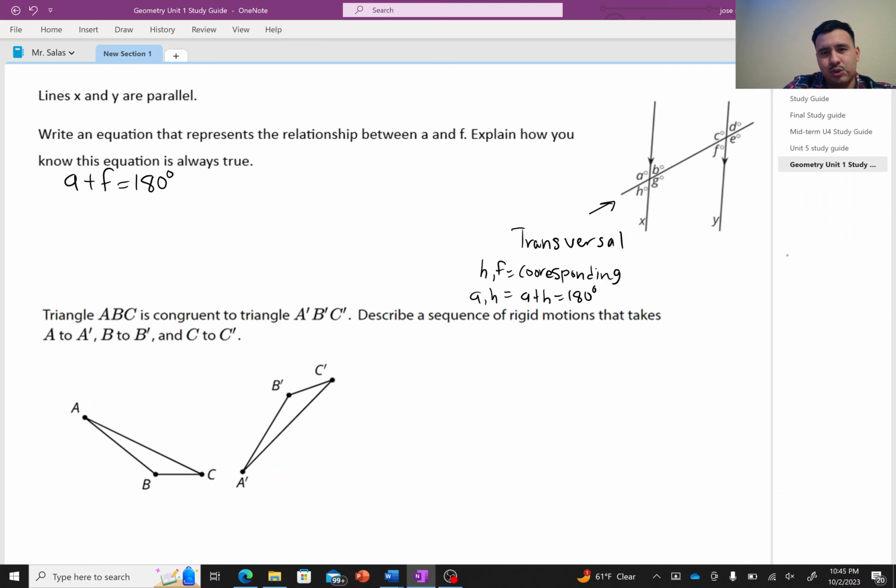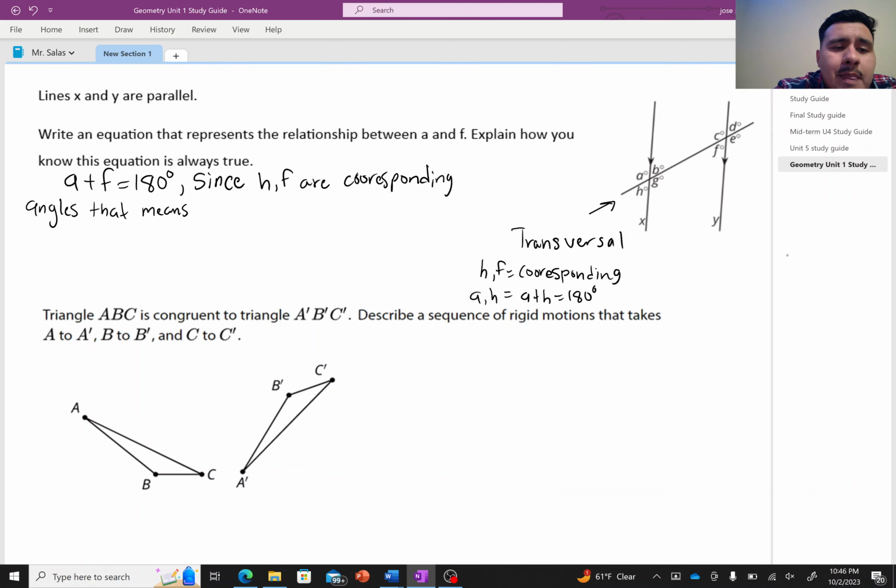And how do I know that this is always going to be true? Well, I'm going to write out, comma, since H and F are corresponding angles, that means angle A plus angle F form a straight line.